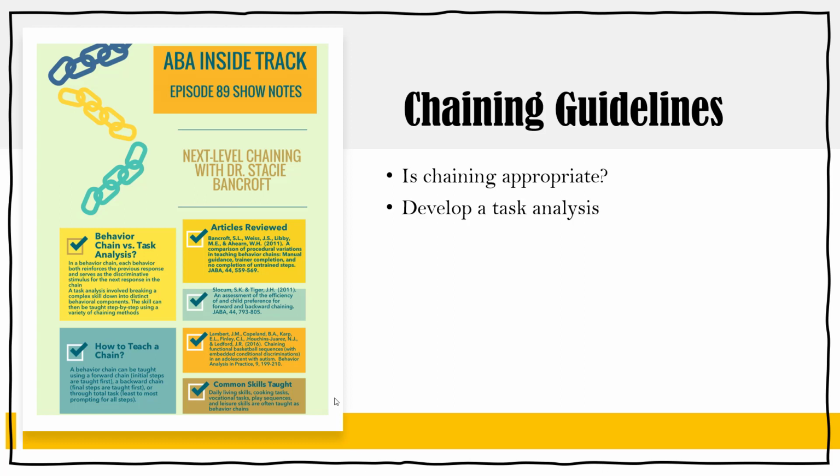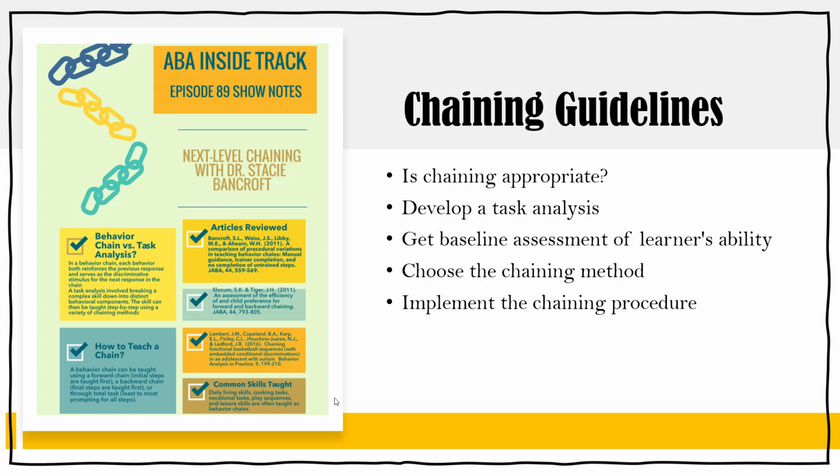So, some chaining guidelines. You want to make sure that chaining is appropriate, so you need to make sure you can break it down into its components if it's a more complex skill. You want to develop that task analysis. You want to get a baseline assessment of the learner's ability, and that's going to tell you which strategy you should use, how much you need to break down your task analysis, what step you need to start with, etc. Choose your chaining method, implement the chaining procedure, and then after they're engaging in the complex skill, you want to continue reinforcement after the behavior is learned.